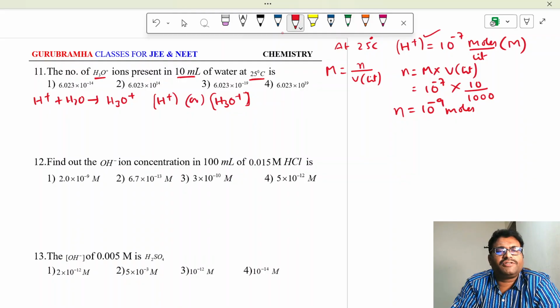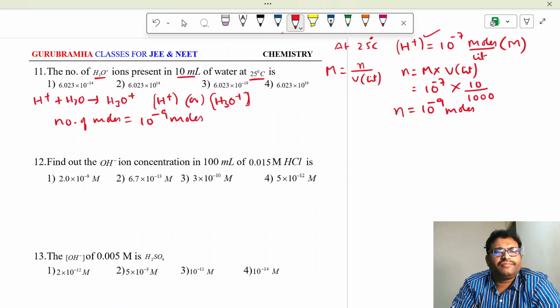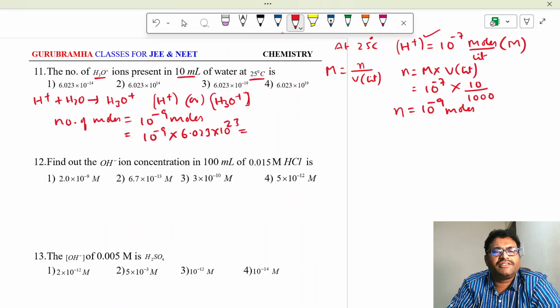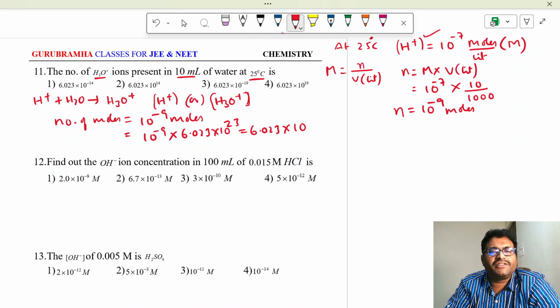So number of moles is equal to 10 power minus 9 moles. 1 mole is equal to 6.023 into 10 power 23, so we can write 10 power minus 9 into 6.023 into 10 power 23, which is 6.023 into 10 power 23 minus 9. 23 minus 9, how much? 14. So 10 power 14.